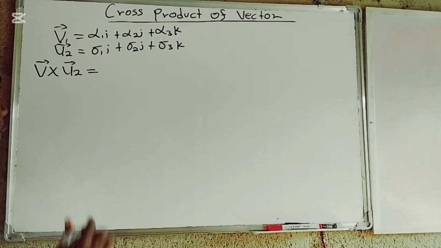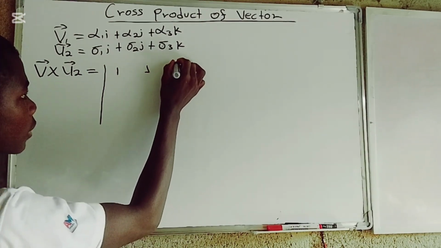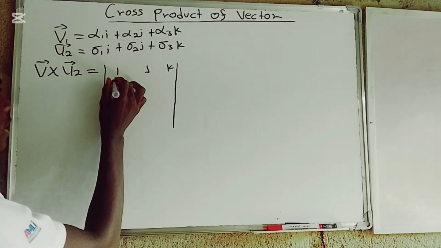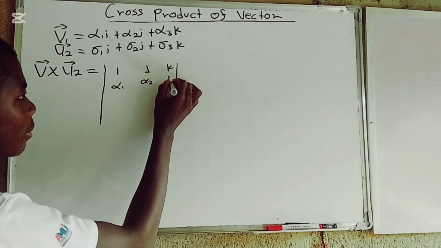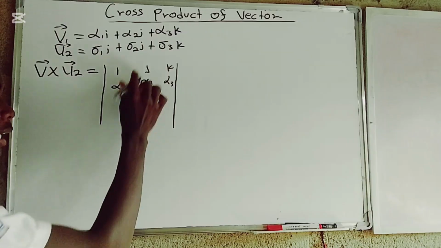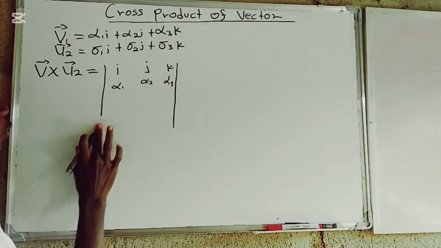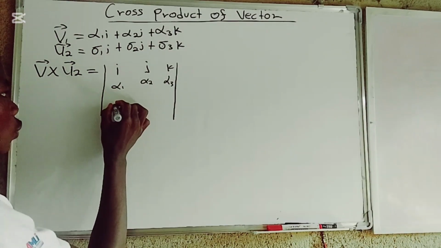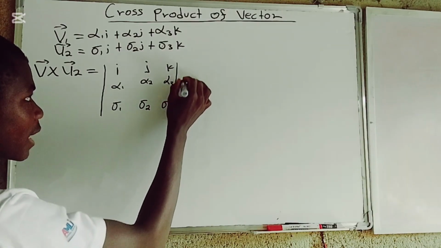The cross product is the same thing as i, j, and k, and I'm going to insert alpha 1, alpha 2, alpha 3, because alpha 1 belongs to i, alpha 2 belongs to j, and alpha 3 belongs to k. And also sigma 1 belongs to i, sigma 2 to j, and sigma 3 to k.